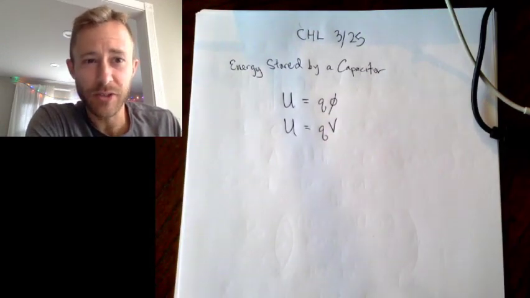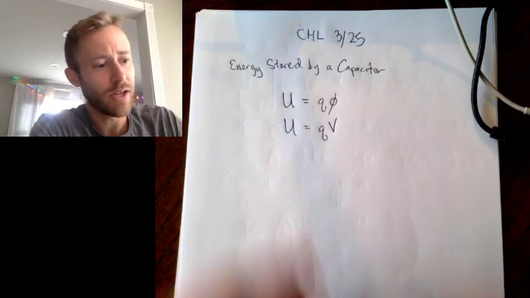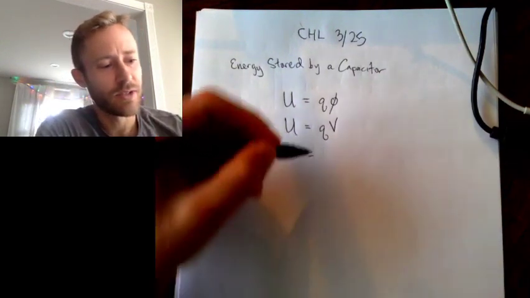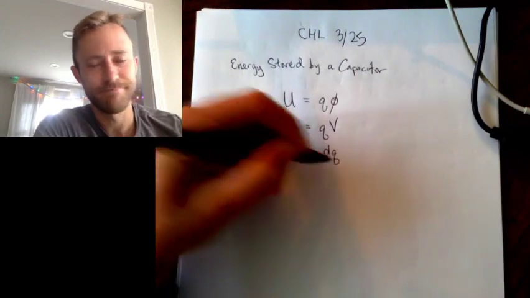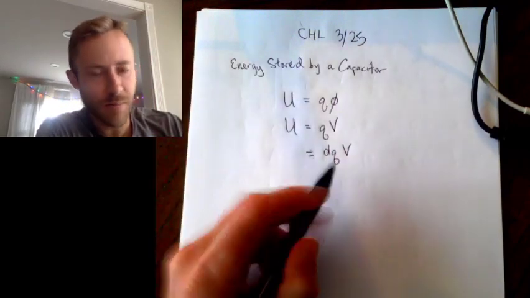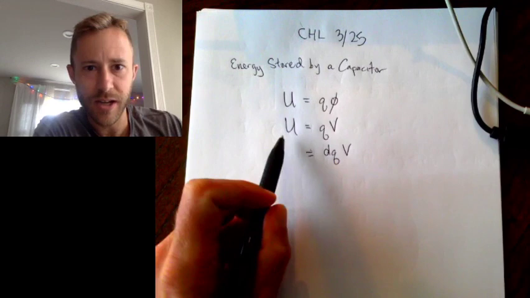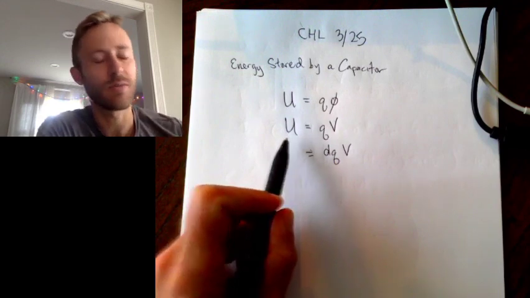And then let's suppose we add just a tiny bit of charge to a capacitor. That charge could be written as dQ because it's just a tiny bit of charge. So if we add just a tiny bit of charge to a capacitor, it's going to add just a tiny bit of electrical potential energy.